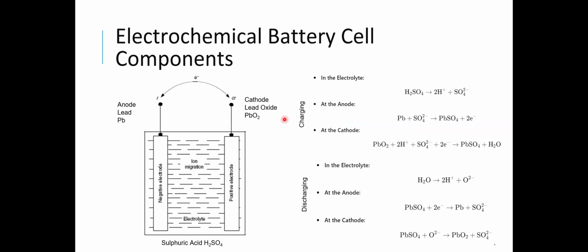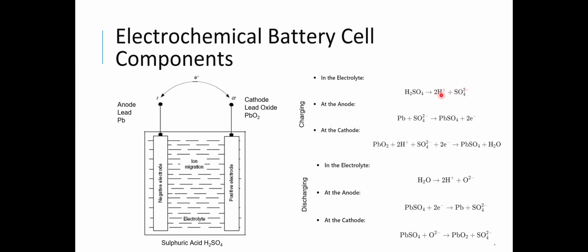So for battery charging and discharging, certain chemical reactions happen. In the case of a lead-acid battery, in the electrolyte, what we have happening is the sulfuric acid is broken into these hydrogen ions. Hydrogen is H2, so this is just a free hydrogen with a positive and a negative charge.